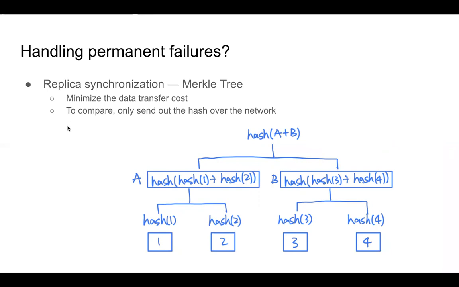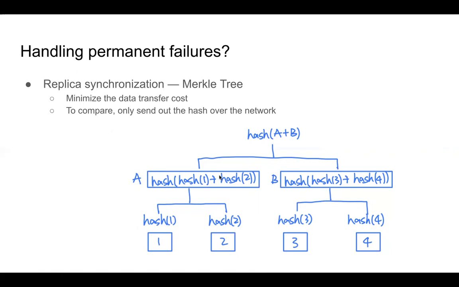So to compare two pieces of data, whether they are the same or not, it just needs to send out the hash code over the network and compare the hash. We can see from this diagram that we have 4 pieces of data and we have 4 hashes, one for each of them.